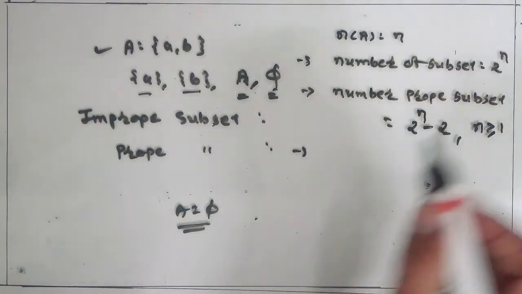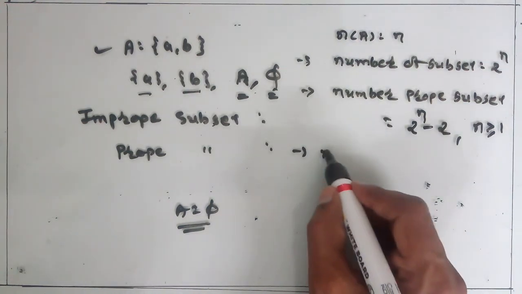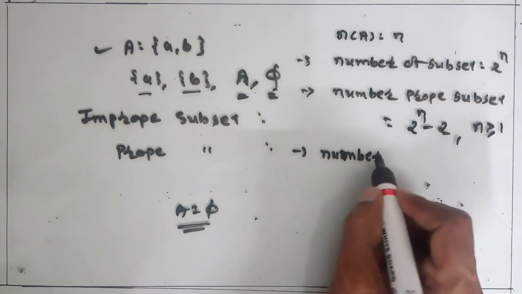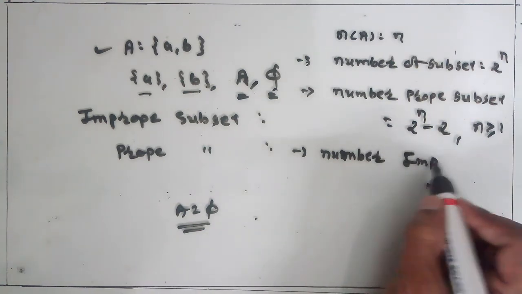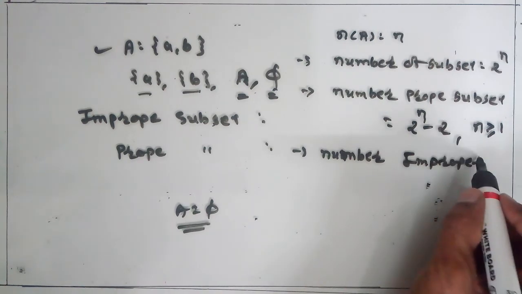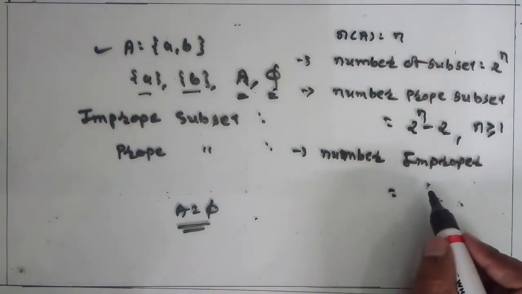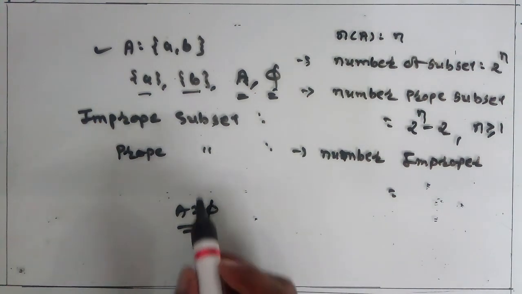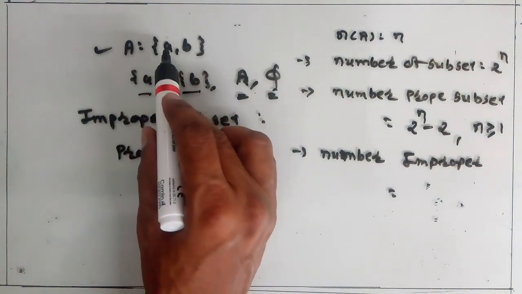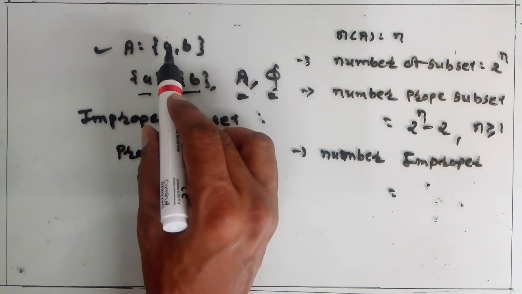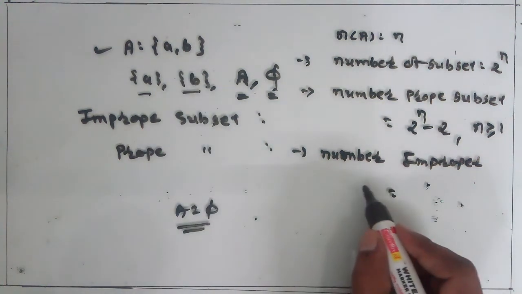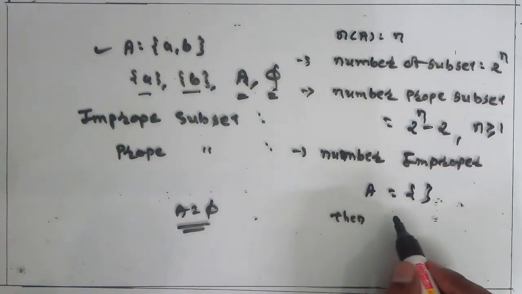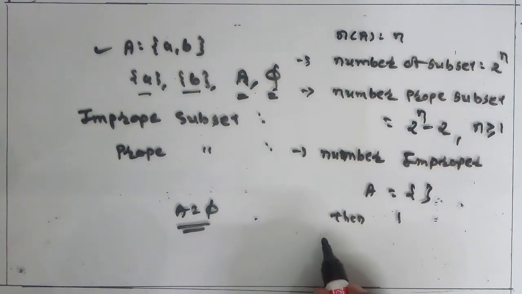Clear this? Now the number of improper subsets. If this set A has no element, A is equal to a null set, then there is 1 improper subset. Clear?